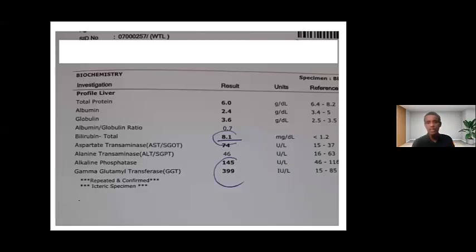So can anybody guess what may be the cause for this abnormal liver test? Any guesses? At least what are the abnormalities you see here?